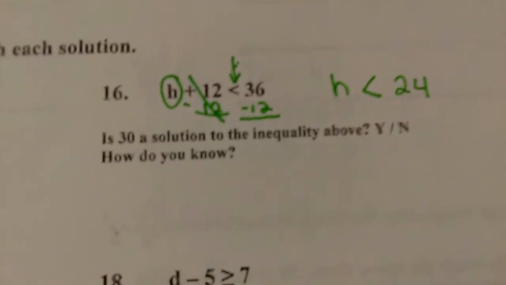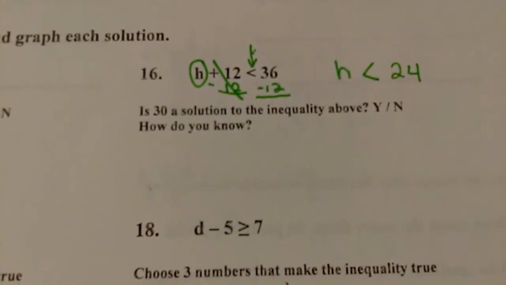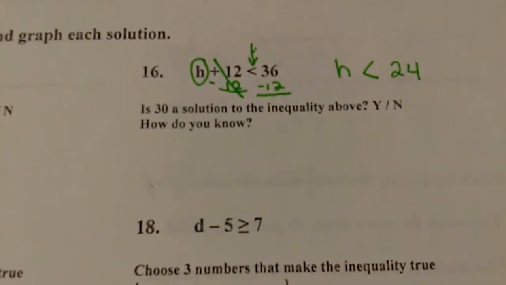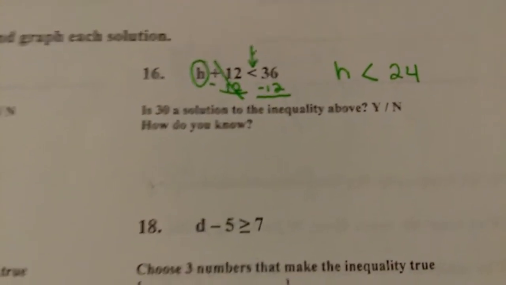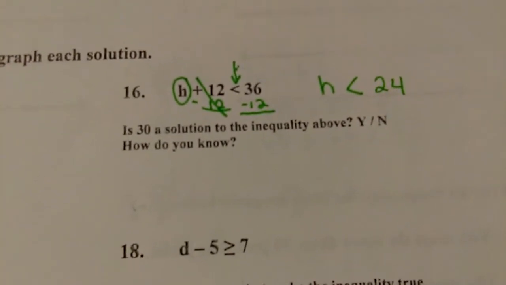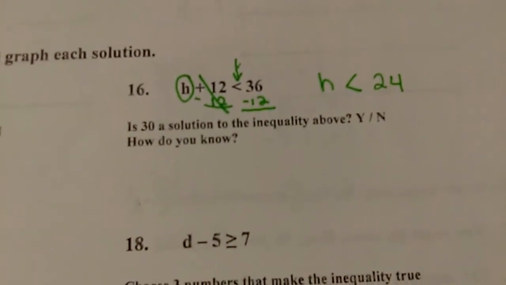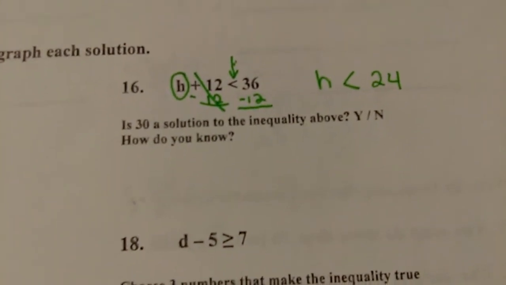So whatever values we can come up with, whatever solutions we could say h represents, they have to be less than 24. So now the question asks us, is 30 a solution to the inequality above? Well, 30 is not less than 24.